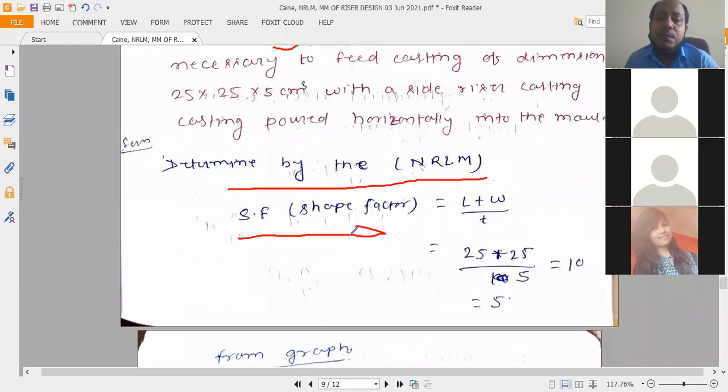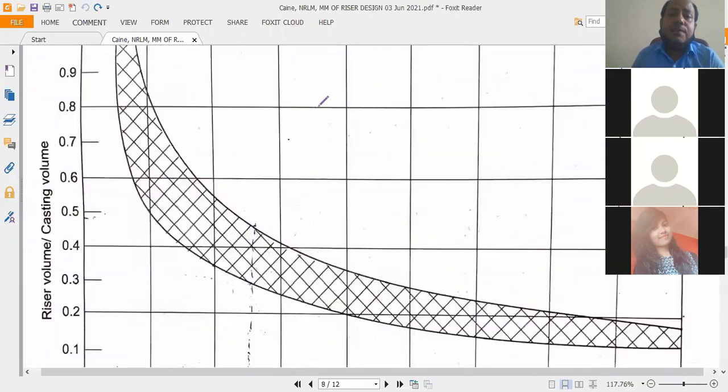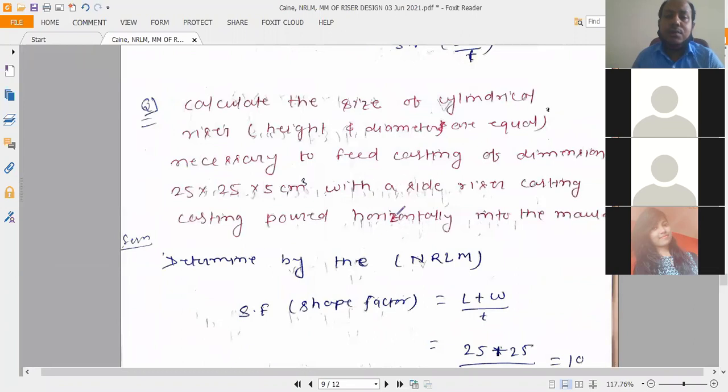So the graph table will be provided, or if the graph table is not provided, then the corresponding value of the shape factor to the volume ratio by riser will be given, or some table format will be given. If the shape factor will be this, the corresponding riser volume by casting volume will be this type. A variable table will be provided. So here we have the table, here we have the graph. So we will use this graph and we will solve the question.